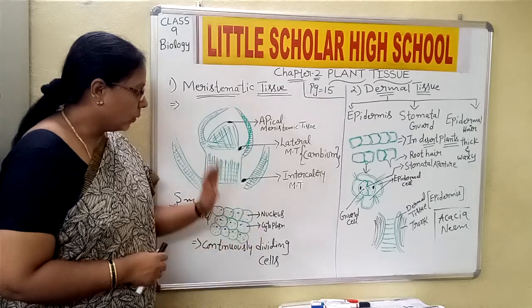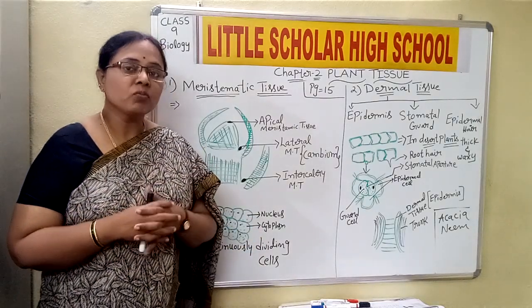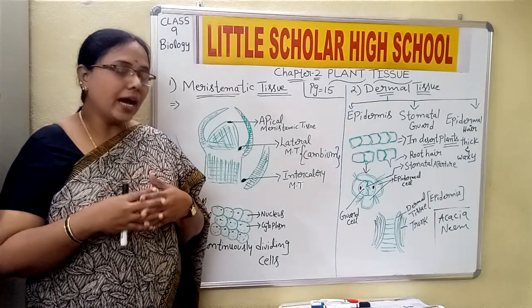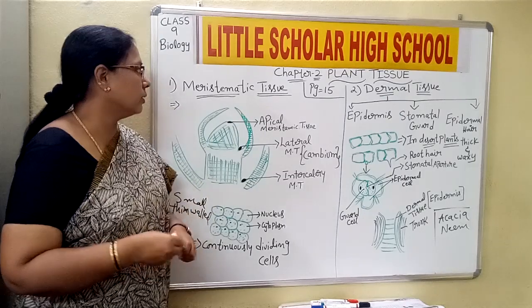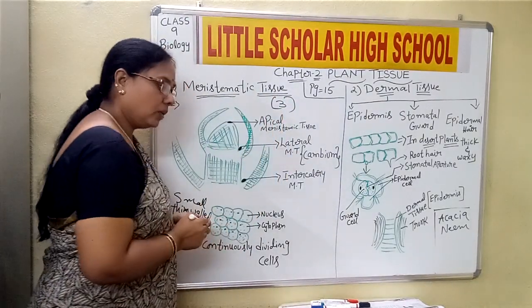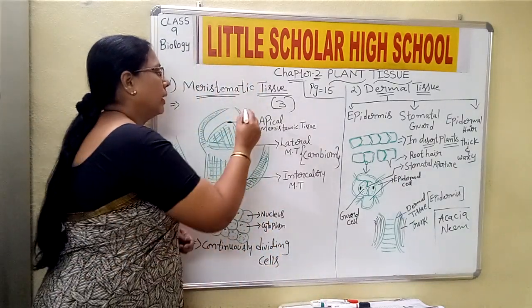Okay children, now depending upon the position of the meristematic tissue, they are divided into three categories. The meristematic tissues are divided into three types. Now let us see what they are.